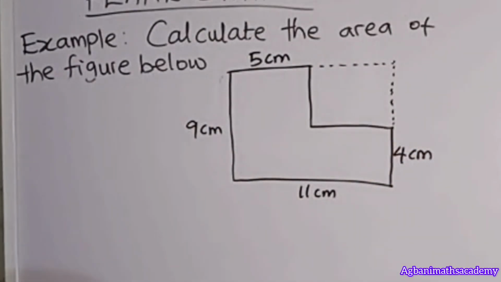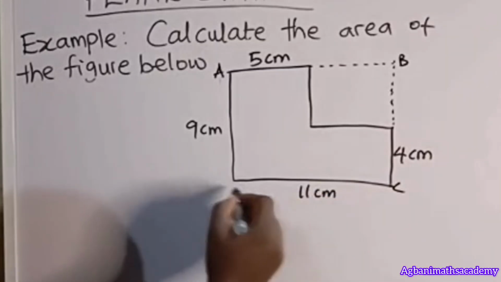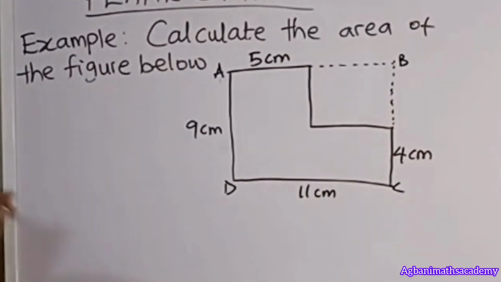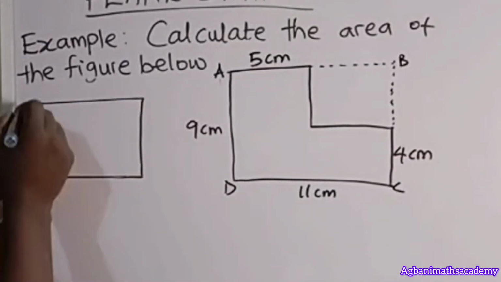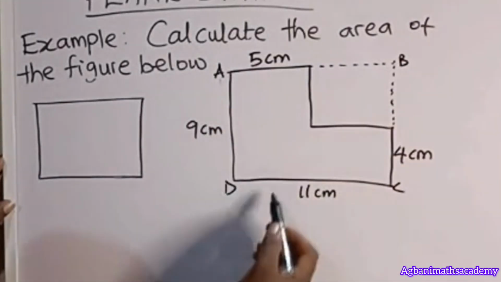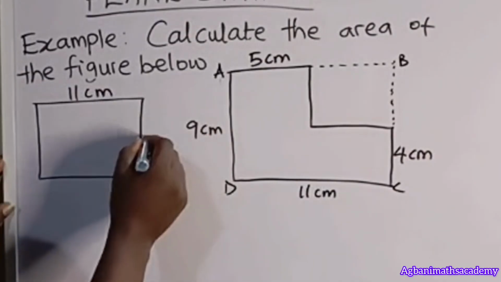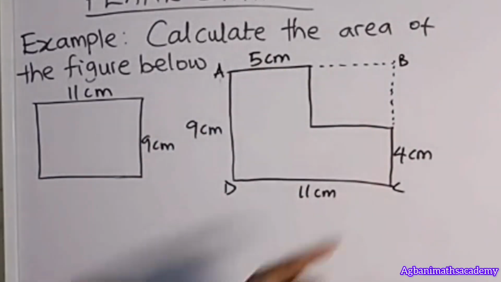When we extend it, let's call this A, B, C, D. We now have a rectangle A, B, C, D. So let's draw it. This side is 11. This side is 9.